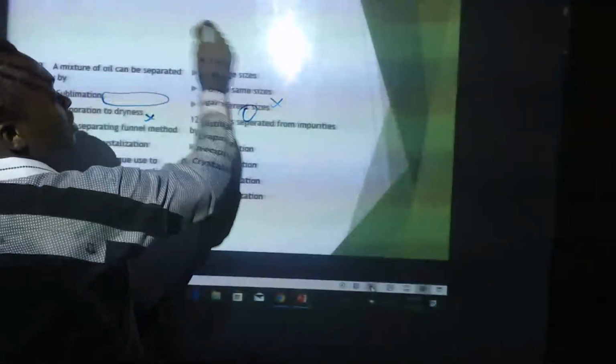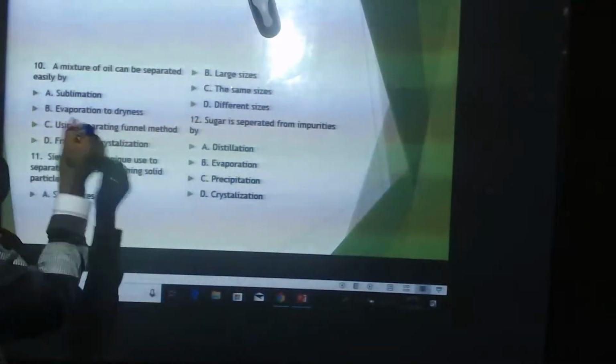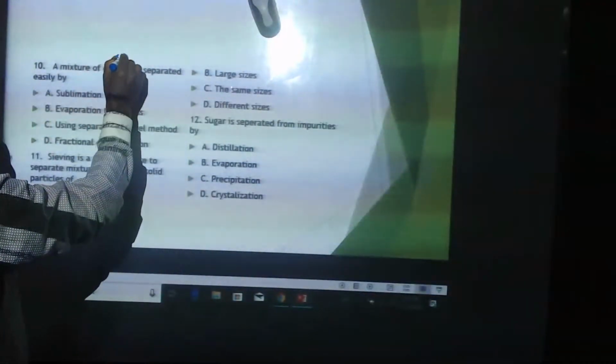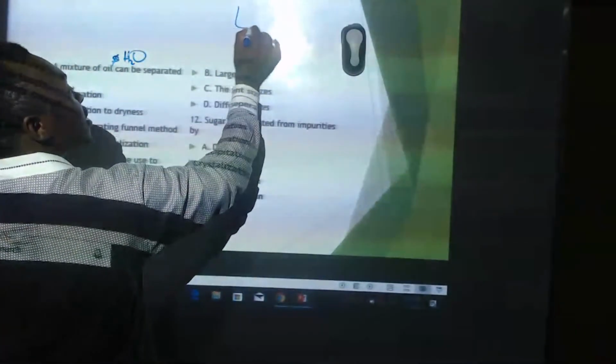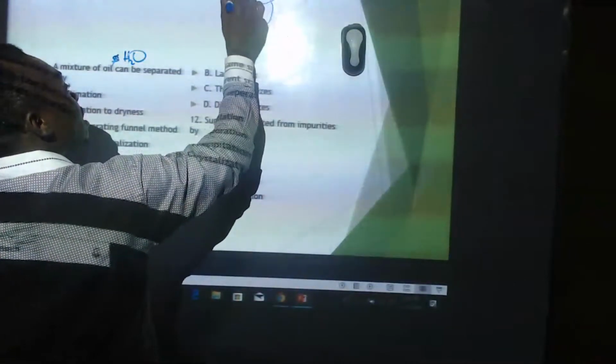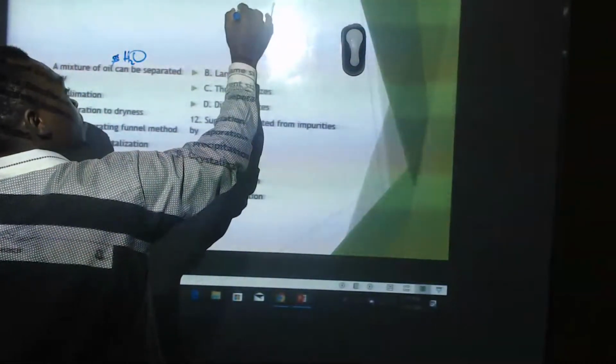Now, let's go to the next question. They said a mixture of oil. Okay, I think this is supposed to be a mixture of oil and water. Now, imagine this. Remember that oil and water cannot mix. Oil is actually insoluble in water.